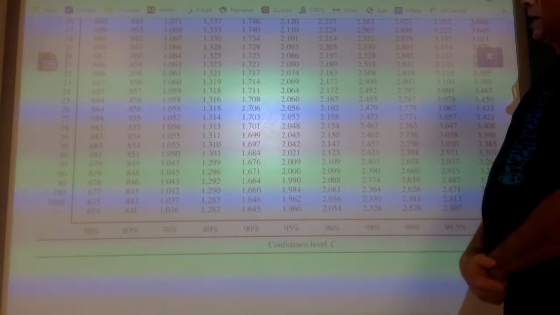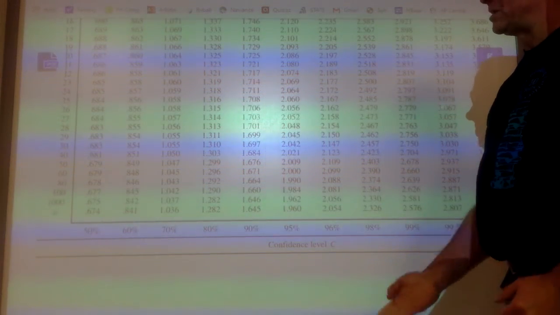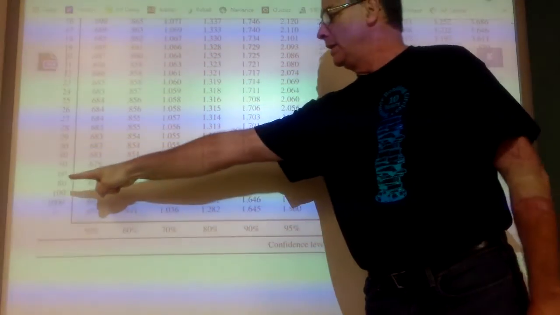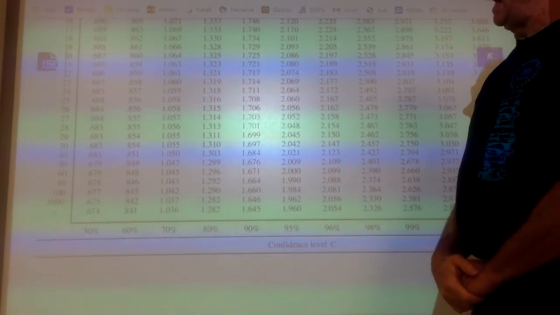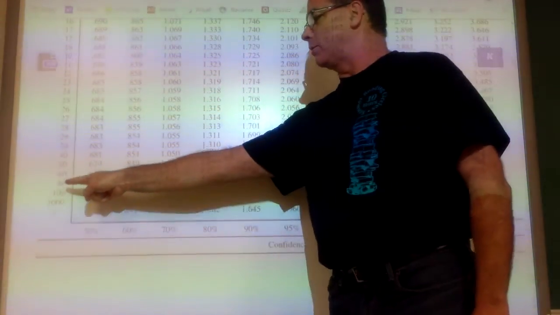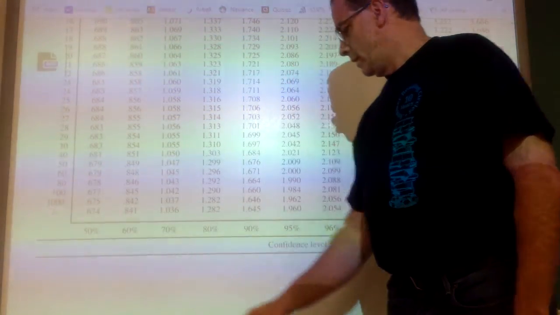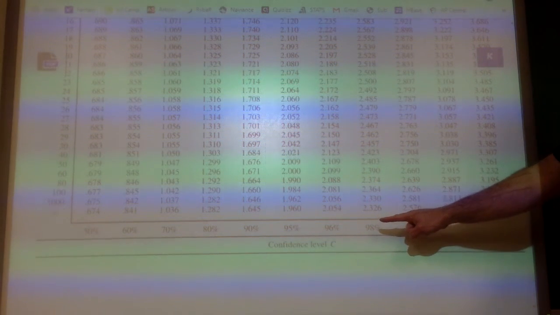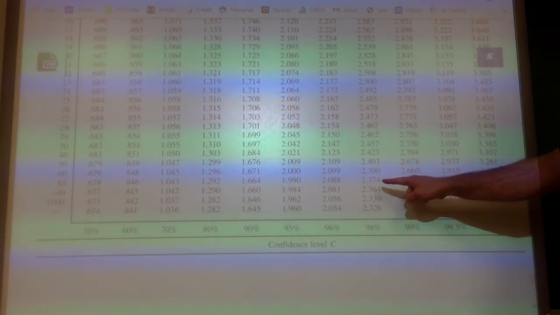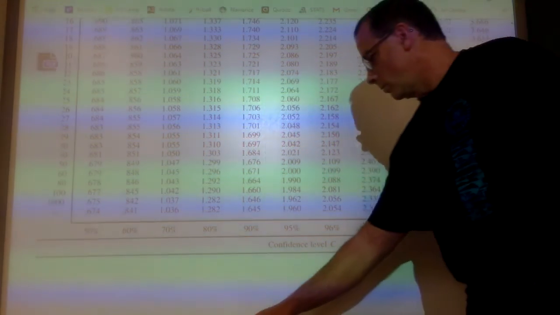So the closest thing I have, and it's not the closest, but it's the next lowest, is 100. Even if the degree of freedom was 900, we would still go backwards to 100. And at 100 and 98% confident, I am at 2.364.